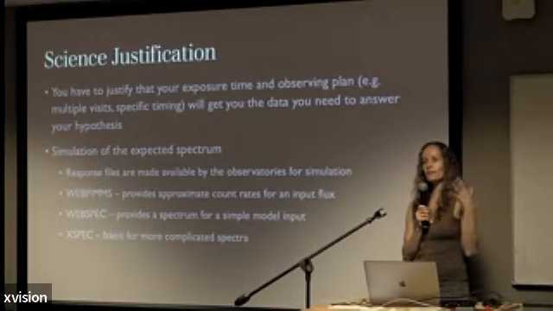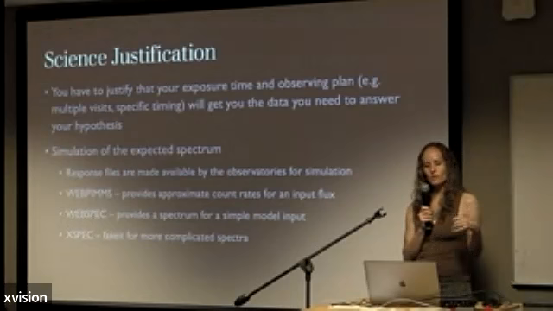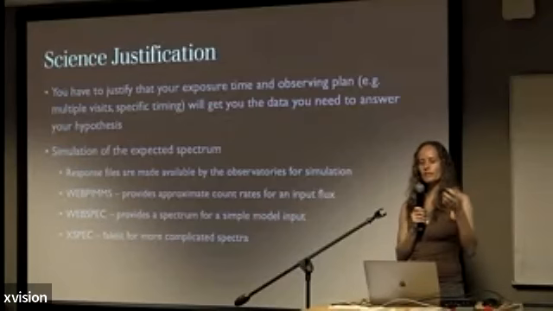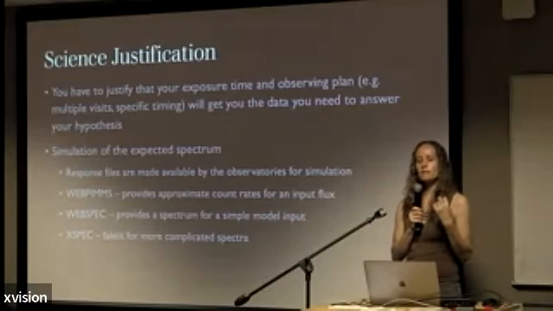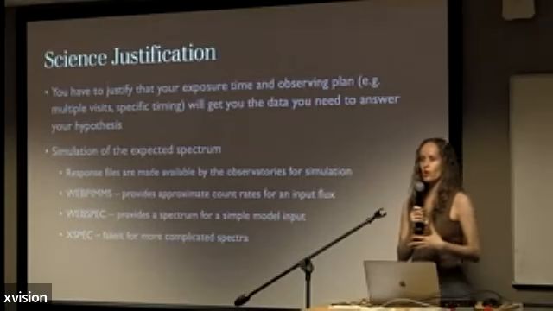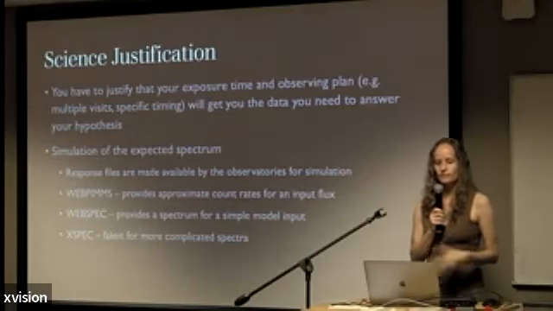So this is the ARF, the ancillary response function, and the RMF, the response matrix file. Those will be made available when you go to the proposal sites. You can take those and simulate your spectrum to see that what you predict you will get out of your observation, you'll be able to measure what you have in your objective.